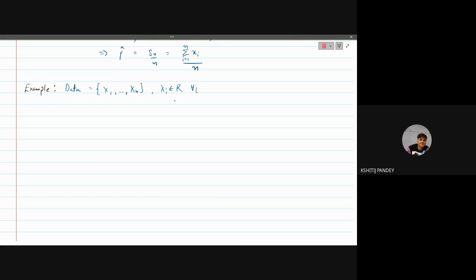So what now? So the first thing we have to do is look at the data. Well, the data is such that all values belong to R, and based on this we have to choose our probabilistic model, that is our probability distribution, which generates this data. So what's a good probability distribution generating data belonging to R?